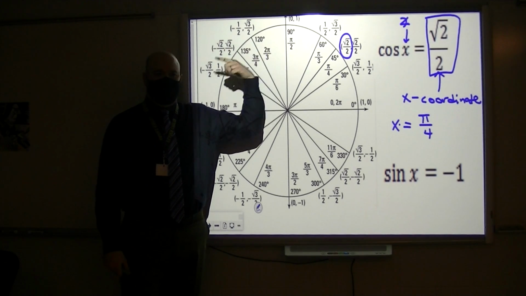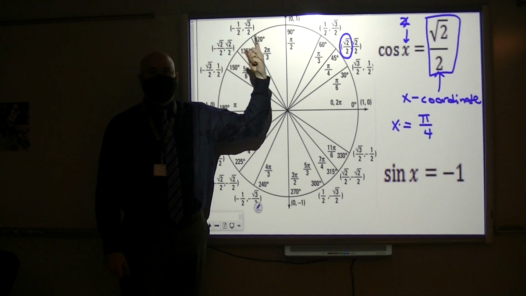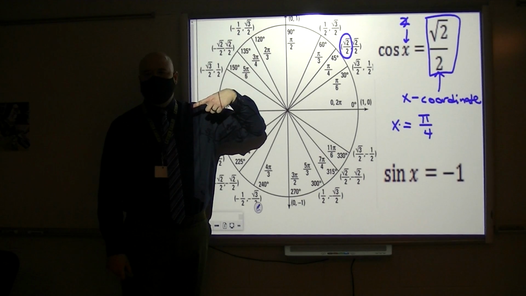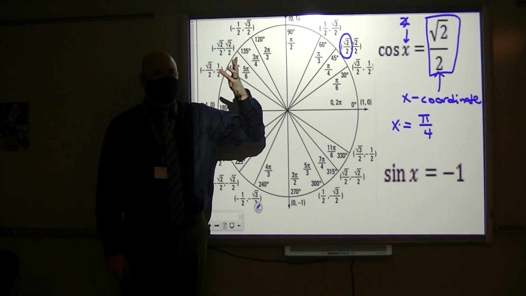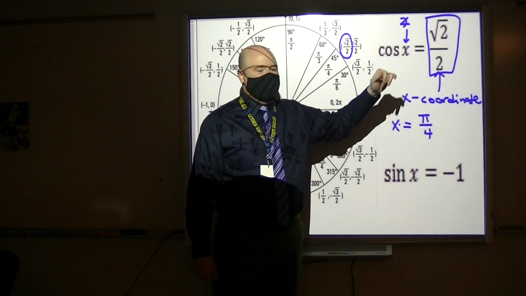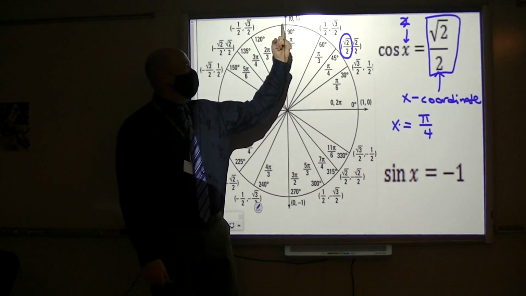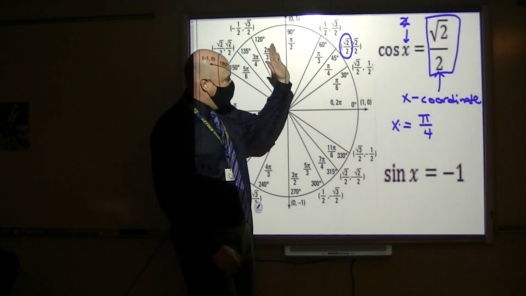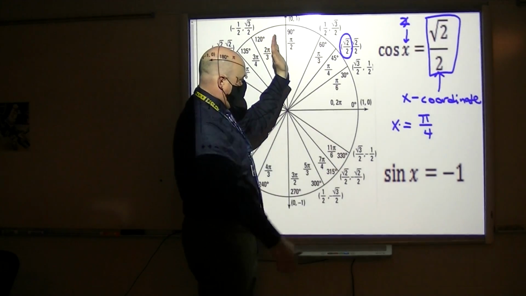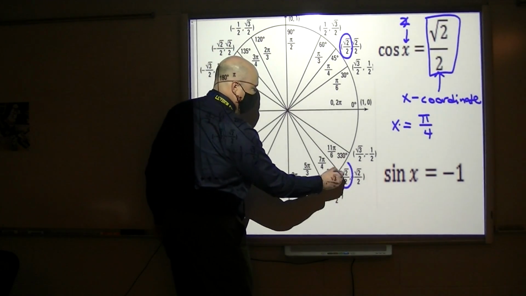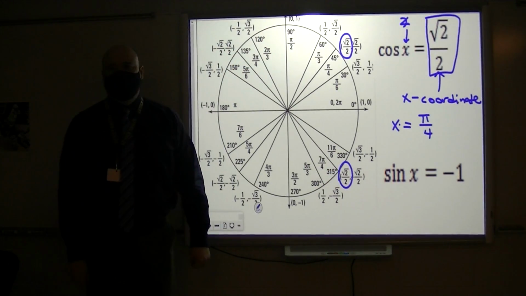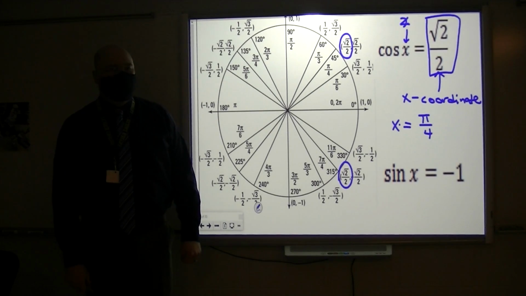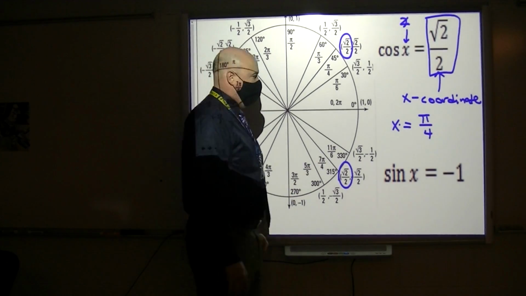I don't need to look at these, because over here, the x-coordinates are negative. I want a positive radical 2 over 2. So I'm not even going to keep rotating over here. I'm just going to stick on this side and see where that other angle is. It's down here. There's the other x-coordinate of radical 2 over 2. And that angle is 7 pi over 4.